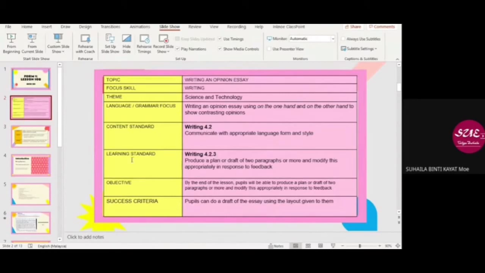Okay, the content, the learning standard. The learning standard is where, if you notice, in all my classes, saya masukkan kotak ni. Why? Because the learning standard, inilah yang saya akan nilai for your PBD. Okay, saya besarkan slideshow.